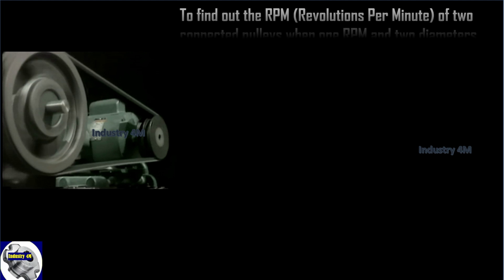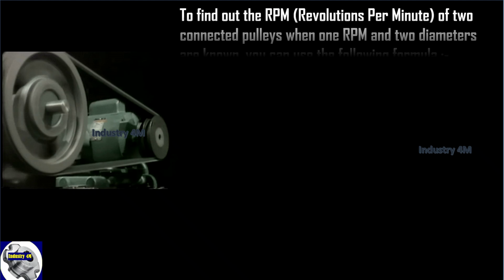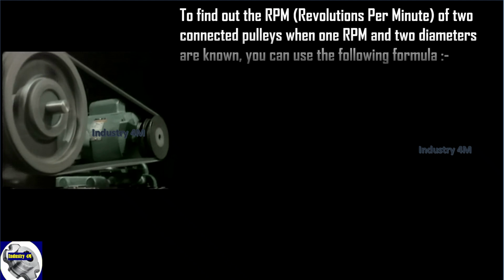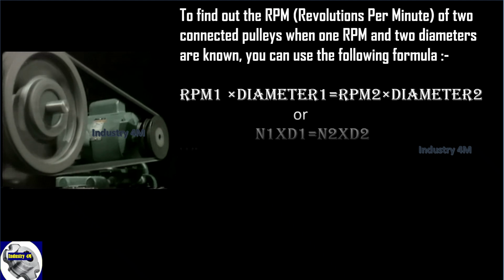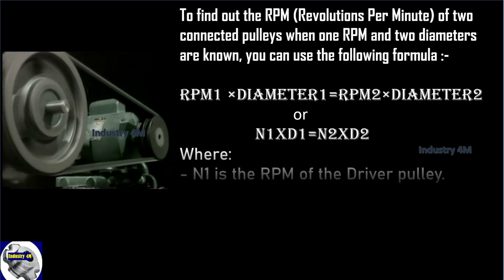To find out the RPM, called revolutions per minute, of two connected shafts through a pulley, when one RPM and two diameters are known, you can use the formula displayed here. RPM 1 into diameter 1 is equal to RPM 2 into diameter 2.